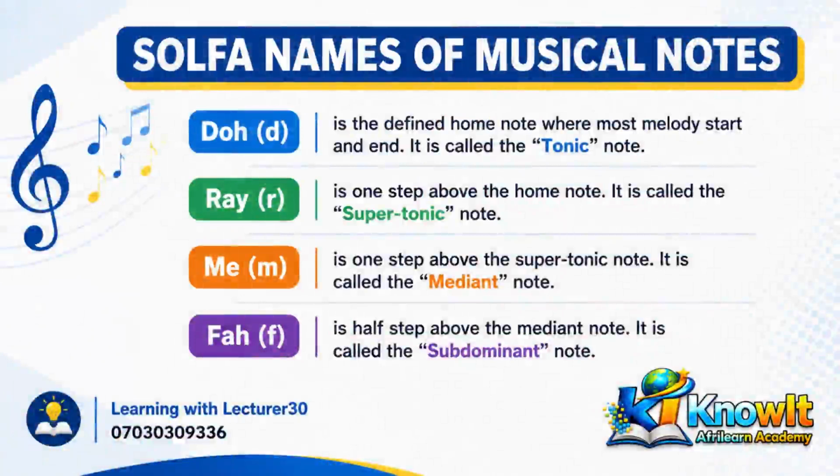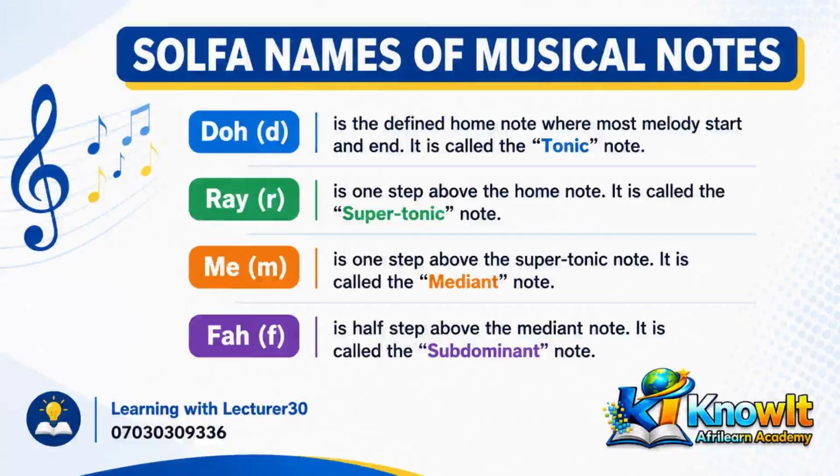Now, the do that you see on paper is defined as the home note where most melodies start and end with. The technical name of this first degree note is called the tonic. The re is one step above the home note.